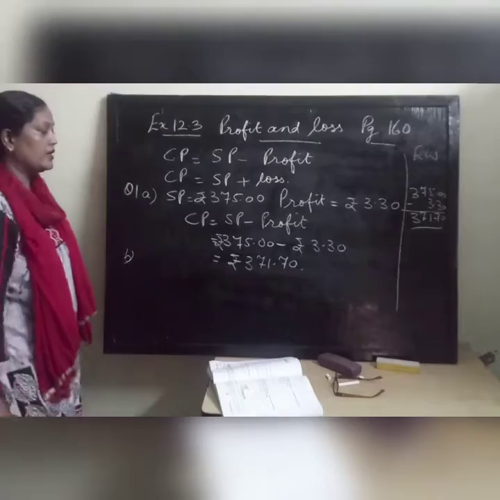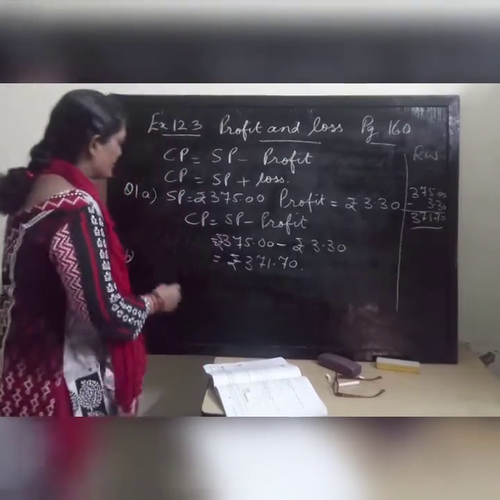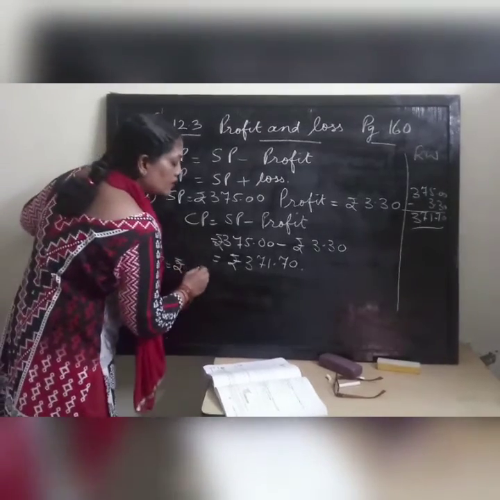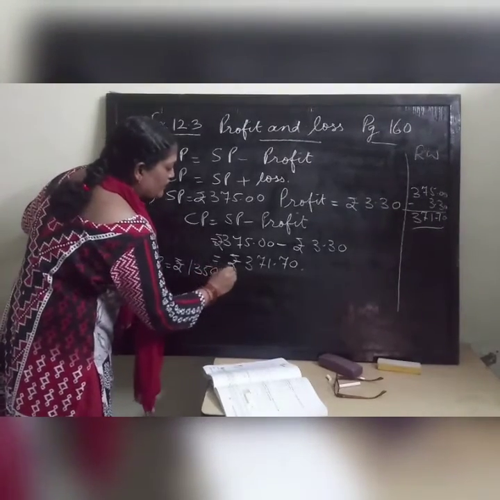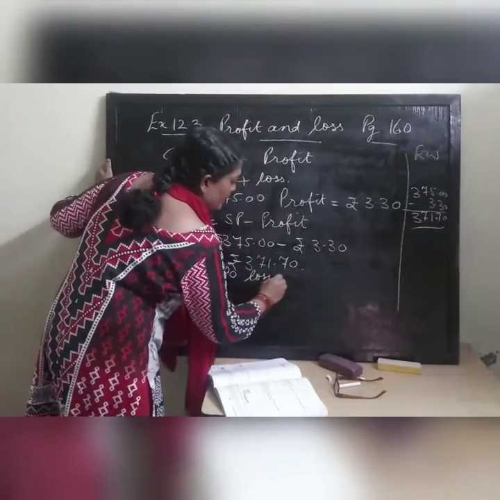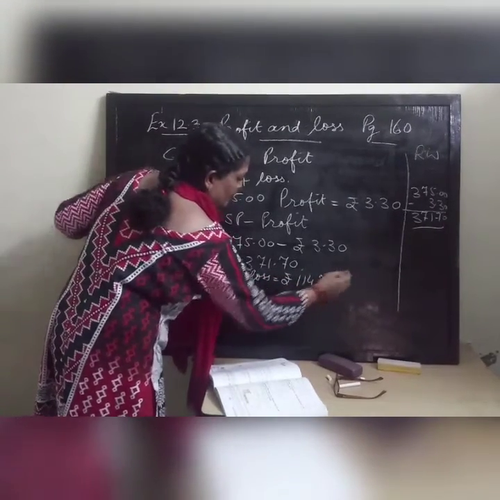Now the B part, in which loss is given. Selling price is rupees 1350 and loss is given rupees 114.75.